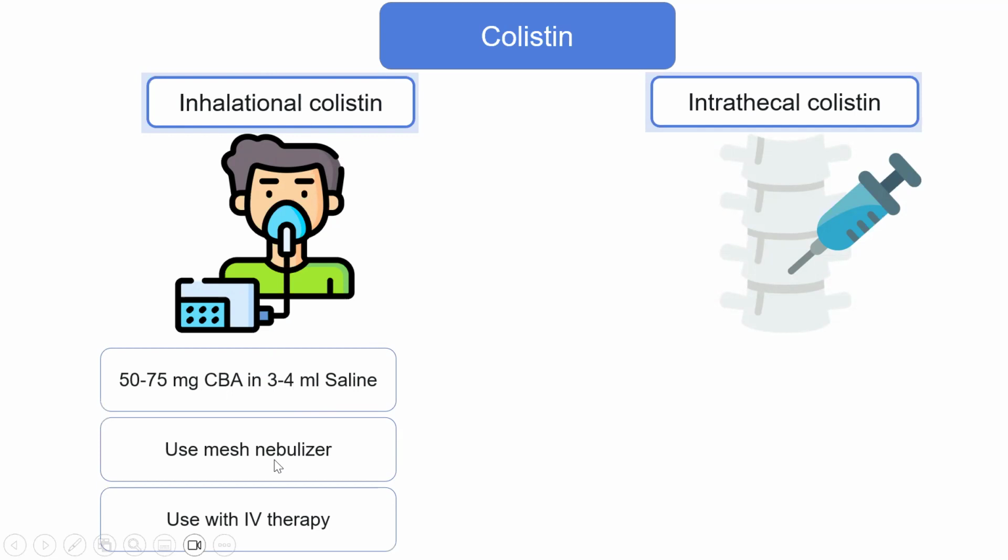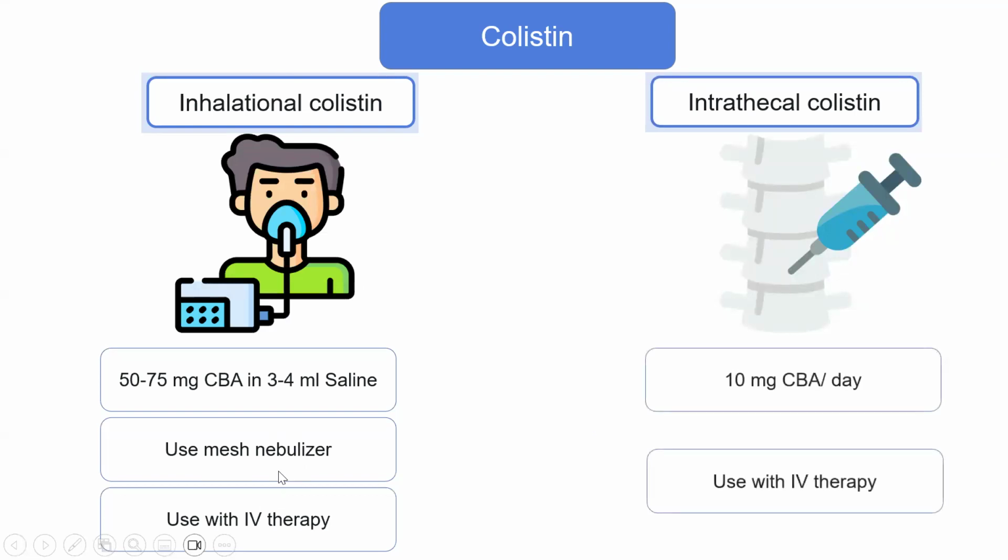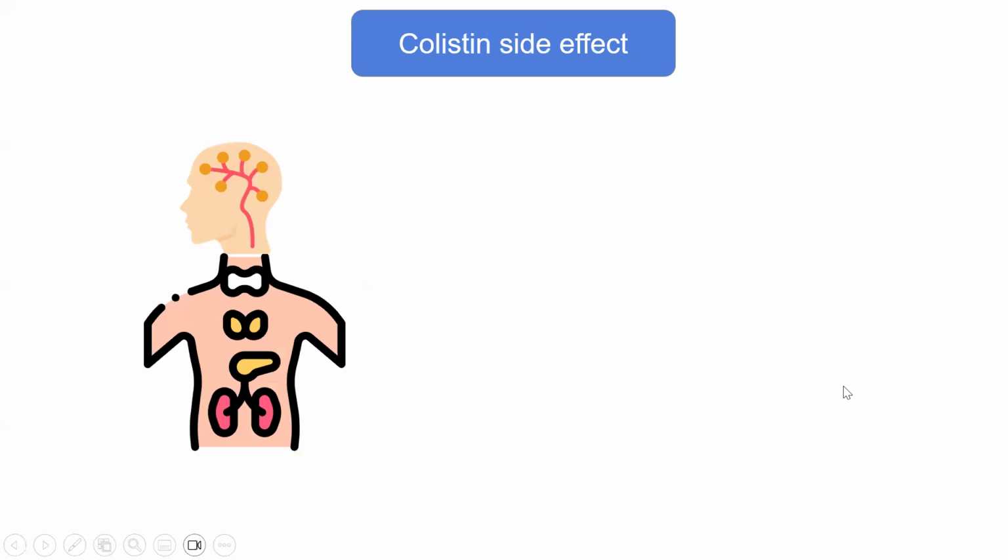We need to avoid the usual jet nebulizer, because the mesh nebulizer delivers about 50 to 60% of the drug to the lung, while the jet nebulizer delivers only 10%. Typically, we combine the inhalational therapy with IV therapy. For intrathecal, we give 10 milligrams of CBA per day, again together with intravenous therapy.